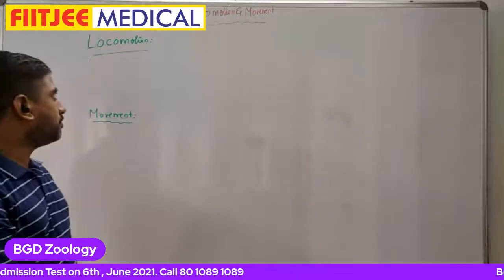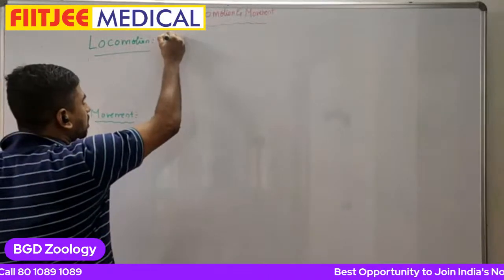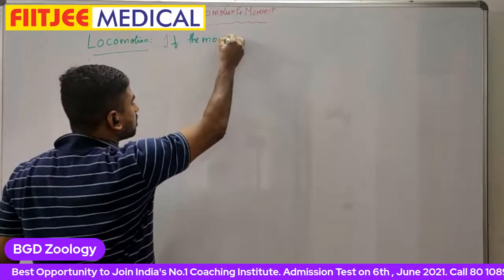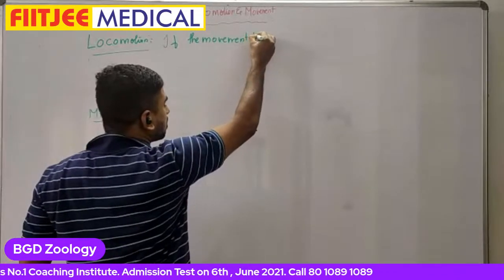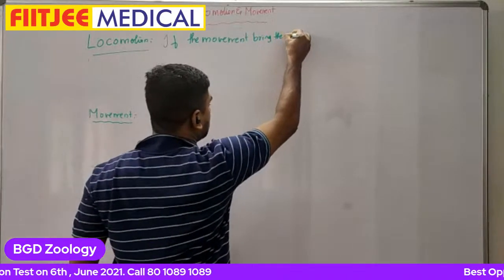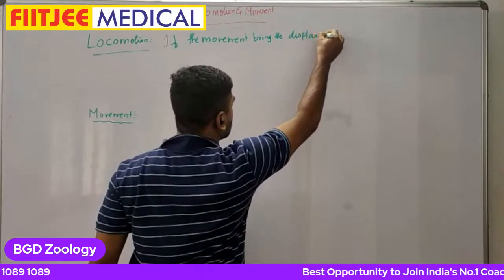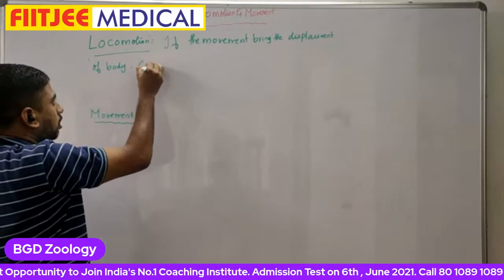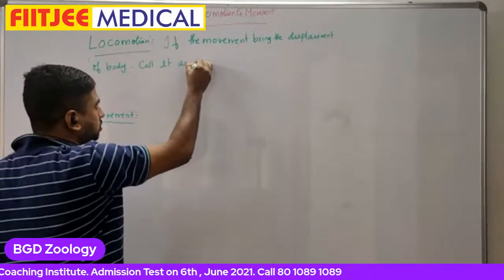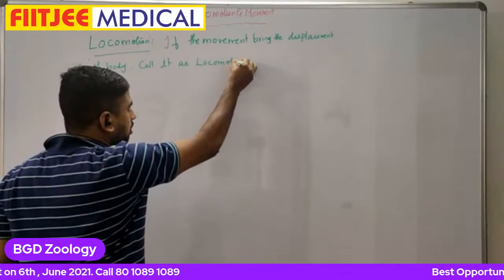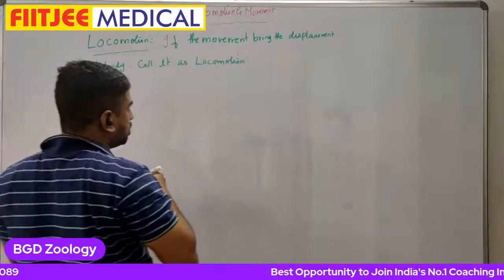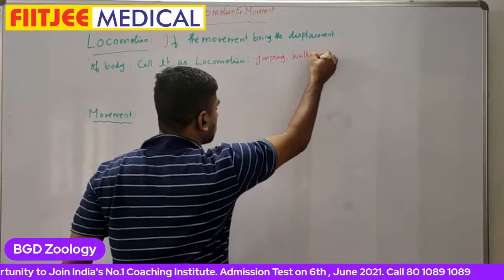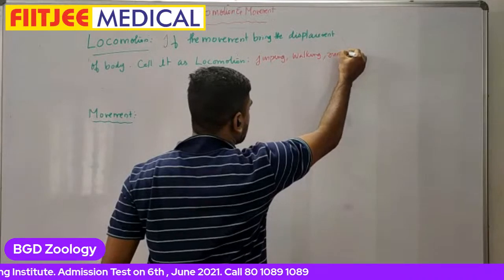So I would like to write the definition for locomotion: if the movements bring the displacement of the body, then we can call it locomotion. Like jumping, walking, running, etc.